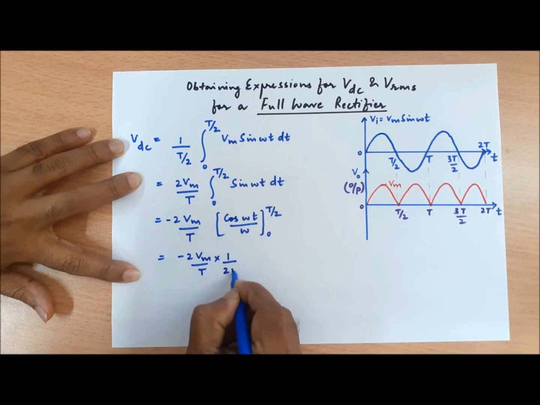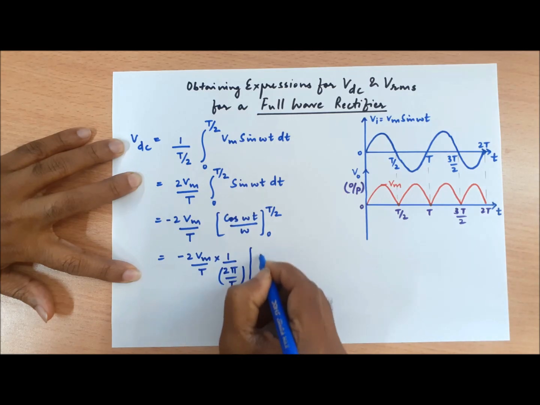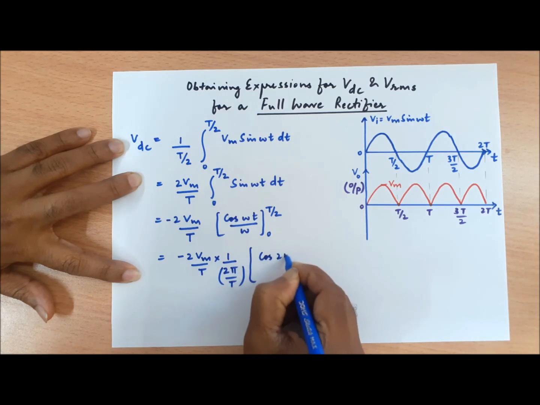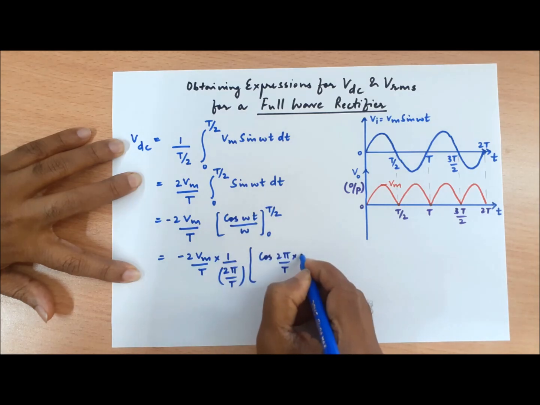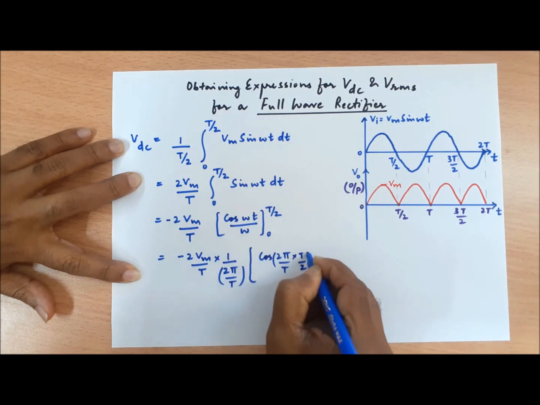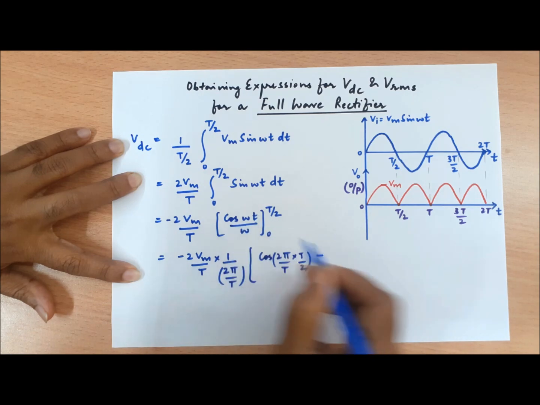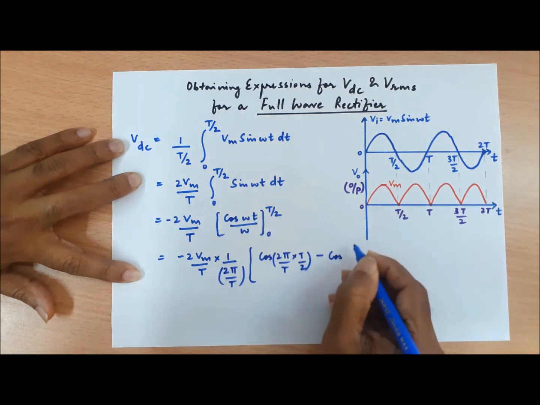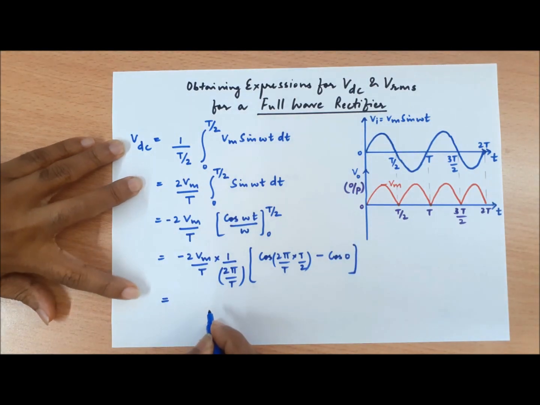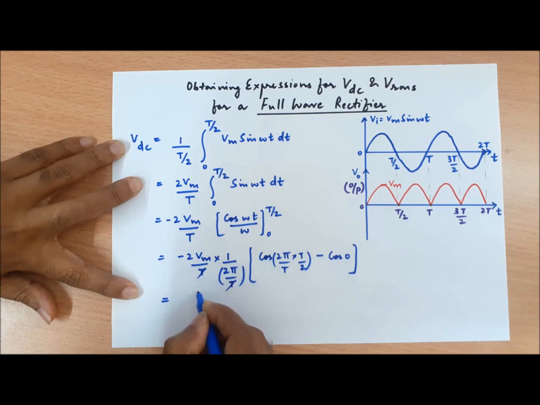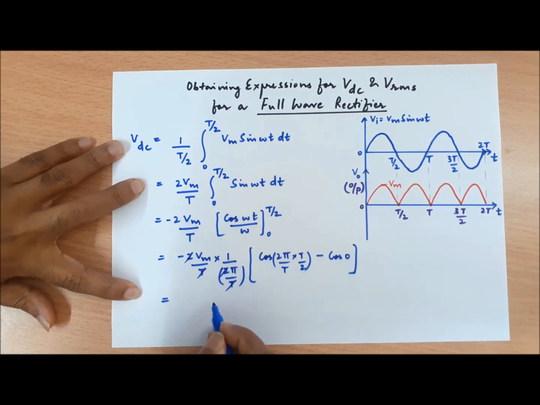So 1 upon 2 pi by T, cos of 2 pi by T multiplied by T by 2, minus cos omega 0, which is cos of 0. If I further simplify, T gets cancelled, 2 gets cancelled, and I'll be getting minus Vm upon pi.